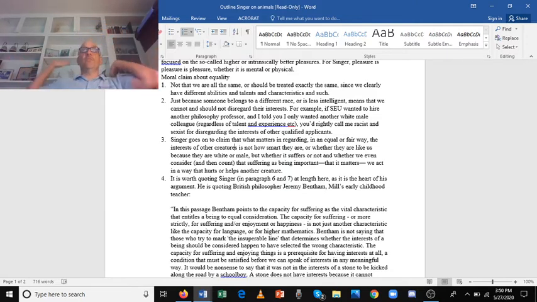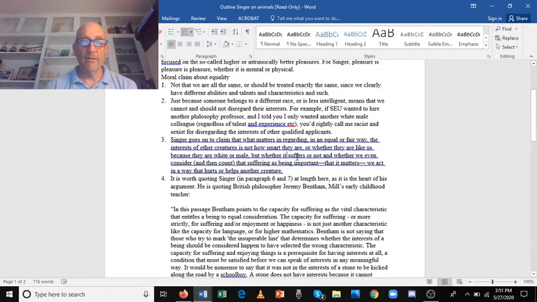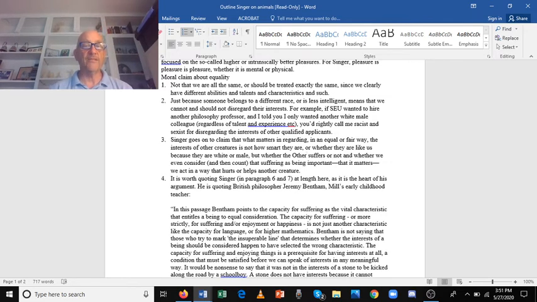What really matters when looking at the world and trying to decide how can I be fair to others, right, is whether or not the being suffers, whether the other suffers or not, whether we even consider and count that suffering as important, when we act in a way that hurts or helps another creature.